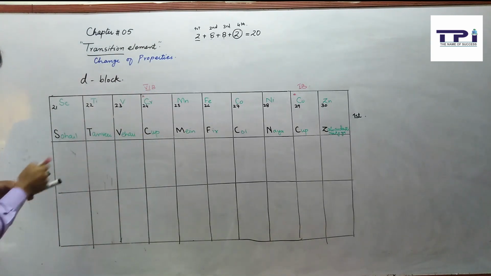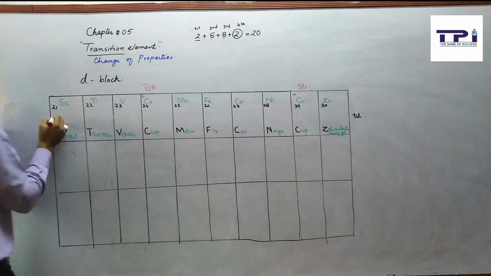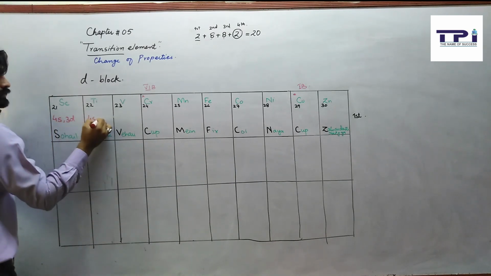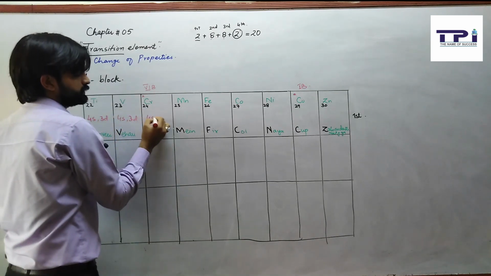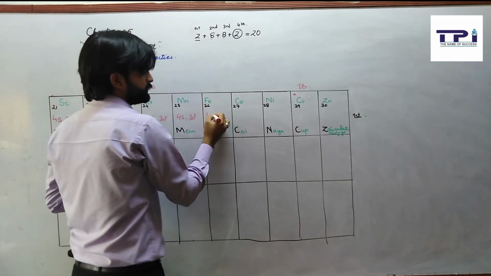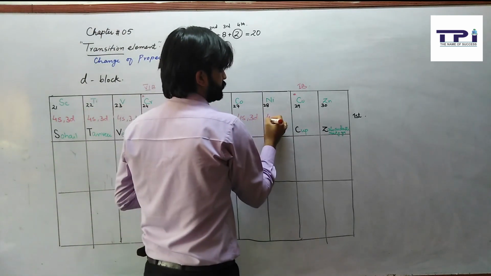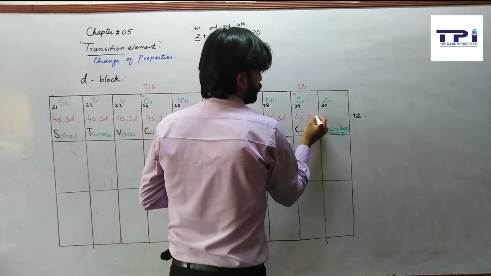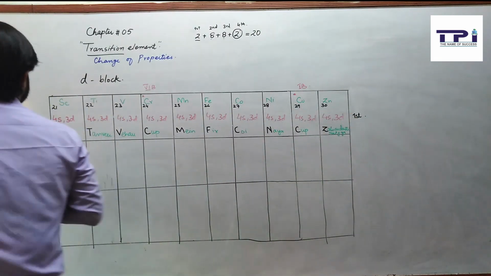Now you can write your electronic configuration: this belongs to period number 4, then it would be 4s 3d for each element.